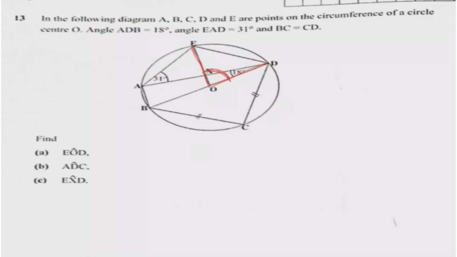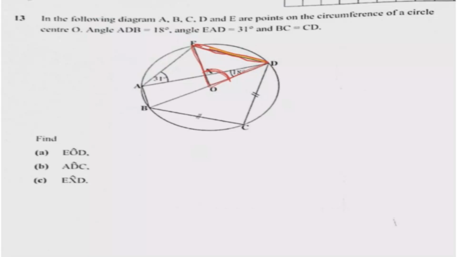So what property are we going to use to find that angle? When we look at this angle, we can see that it is forming a triangle, and the base of this triangle is on the chord ED.